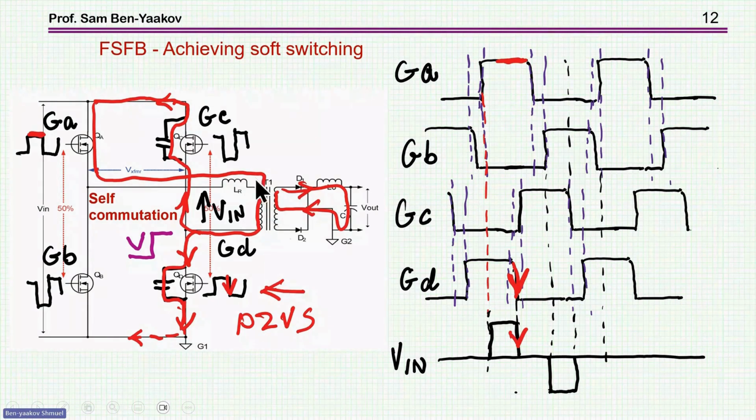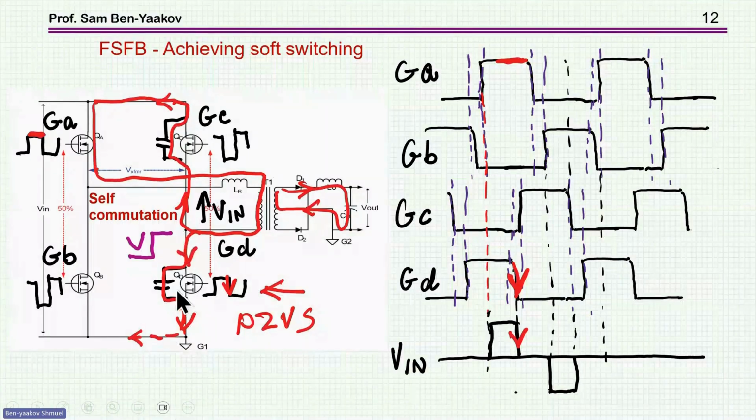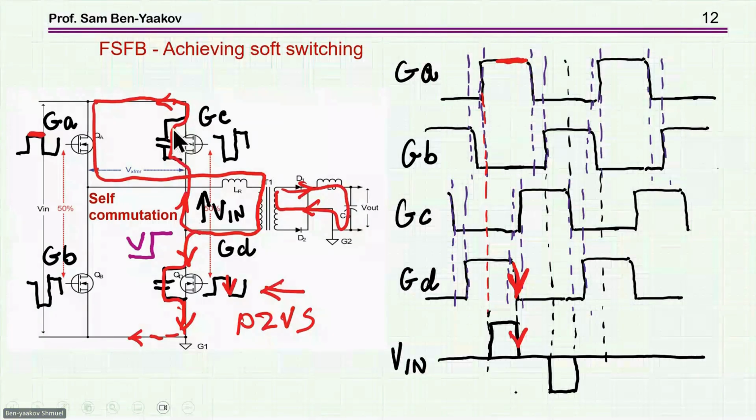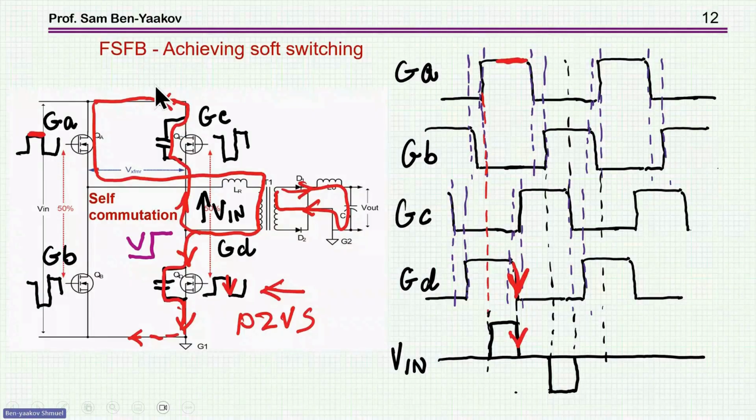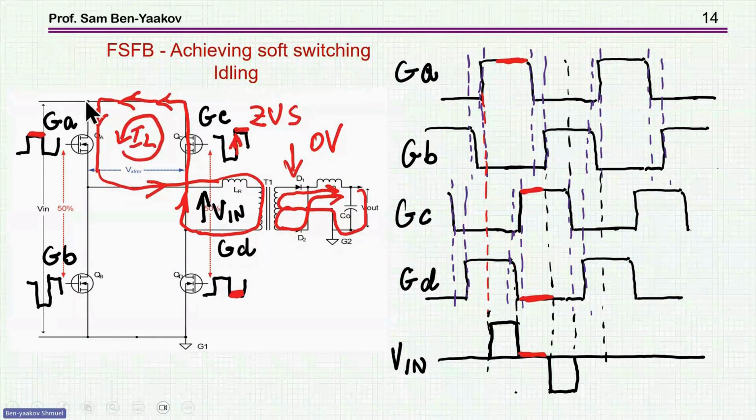And now this current is charging or discharging this node here. And from low voltage, where the transistor was on, it actually charges the capacitor up toward this point until, of course, the diode is conducting.